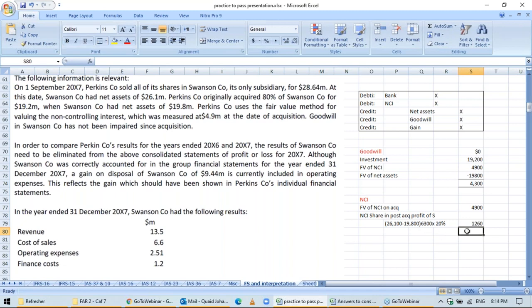So the NCI at the time of disposal is 4,900 plus 1,260, so it's 6,160. Now you arrive at two figures, the NCI and the goodwill. In order to calculate the gain, let's use this entry.